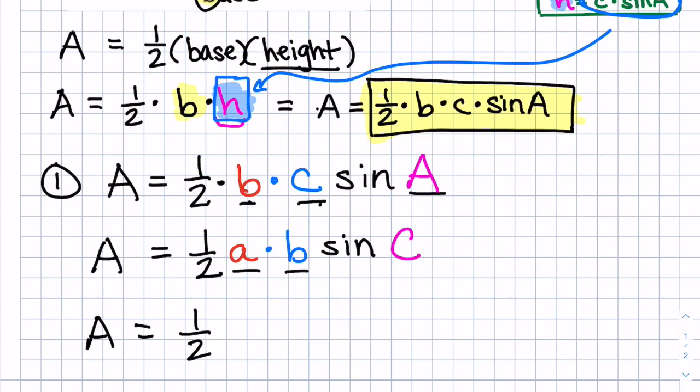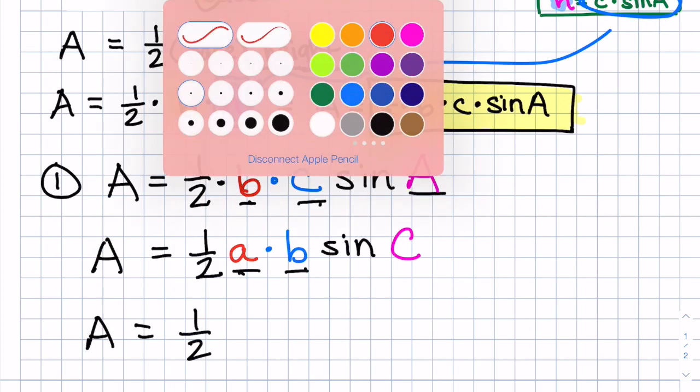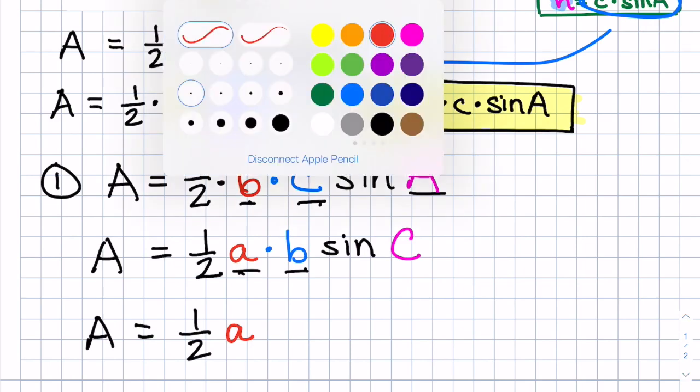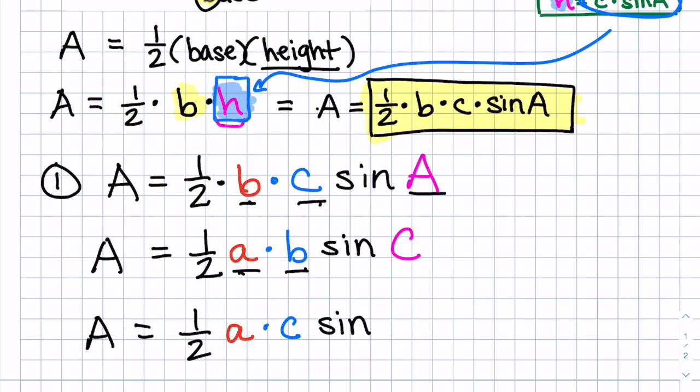Well, I already used BC, AB, so the only combo I'm missing is AC, and then sine of, what's the only letter I didn't use? I used A, C, so then this last one has to be B. Okay, so these are the versions. Again, please don't try to memorize all 3 versions. Just understand that you need 2 side lengths and 1 angle. And I'm going to show you a really easy way that you can hopefully remember this.